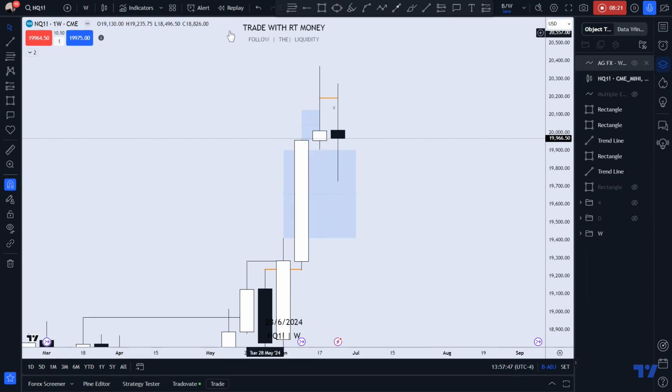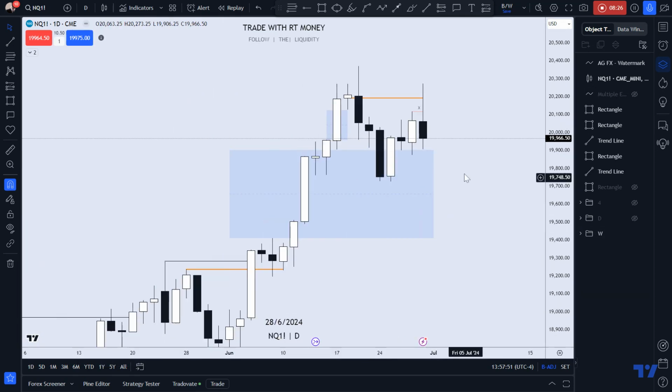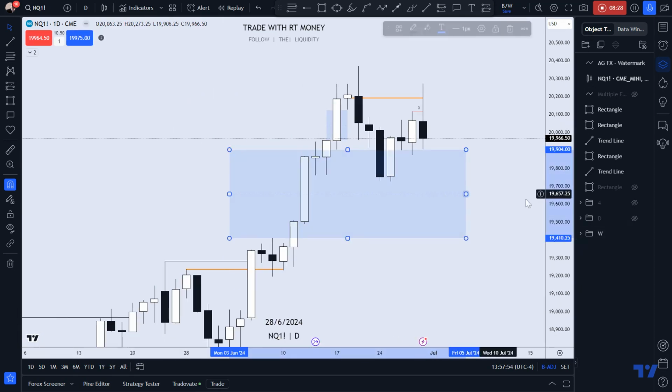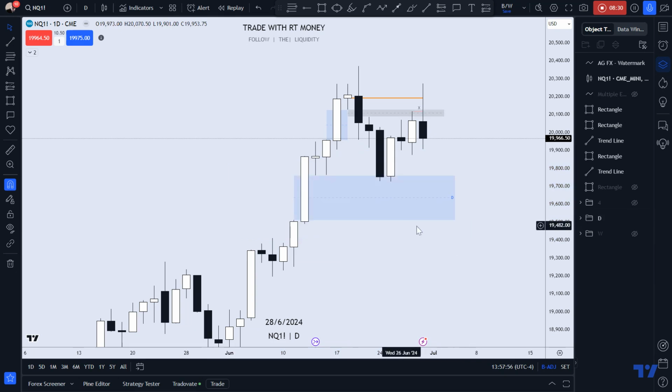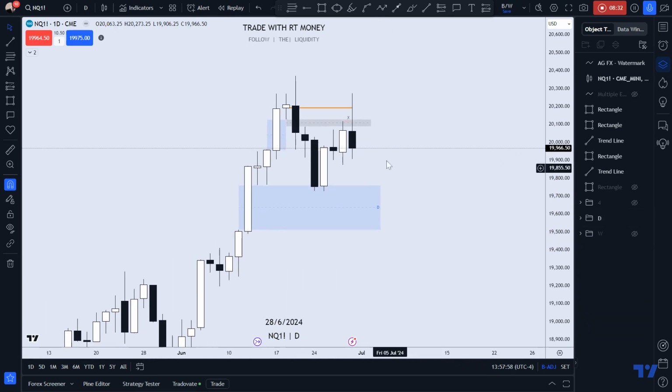This is bullish. And if we go back to the daily, what am I expecting? Just using next candle theory, price opened here bullishly, turned bearish, and then closed within the range of the previous candle.